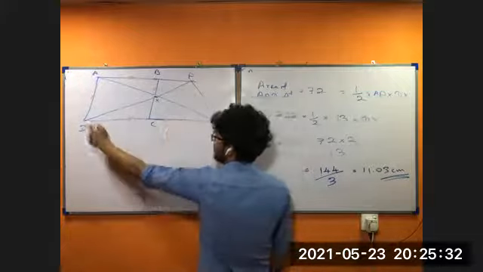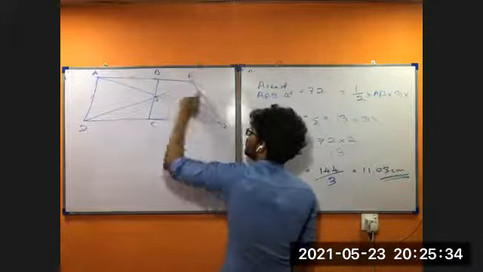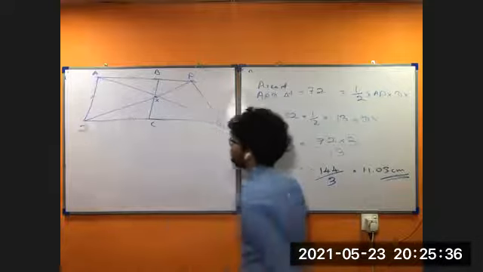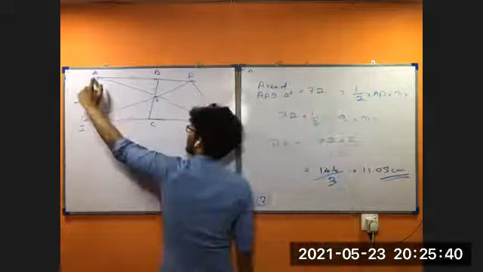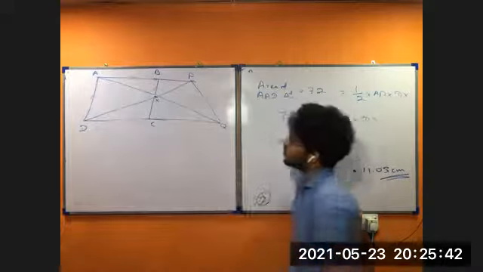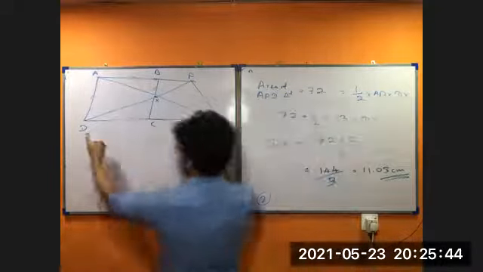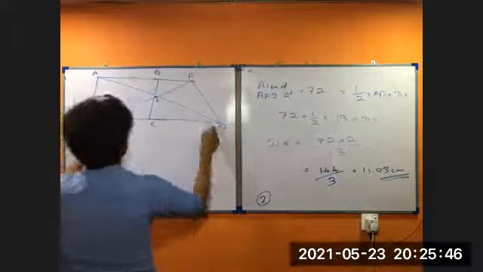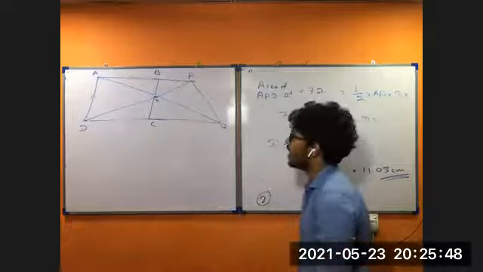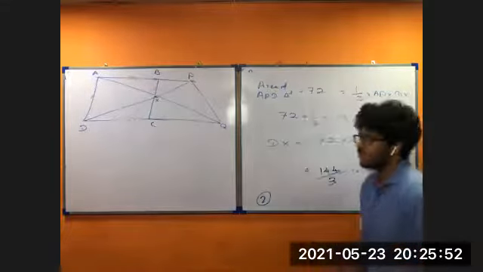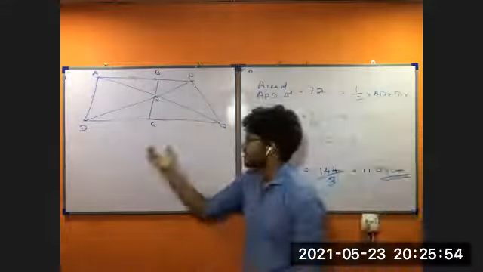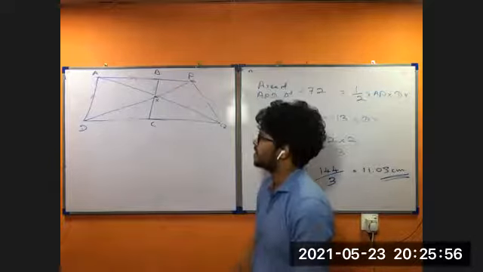Let's try to do something like this. You can see this PQ, right? And here you have another triangle, right? You can see they are having the same base and between same parallel lines, and they include this part also. So maybe, I don't know whether I will get the answer or not, but let's check.